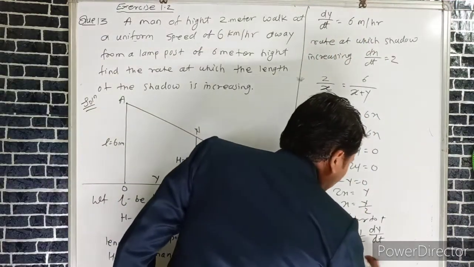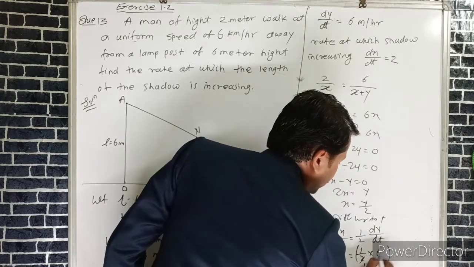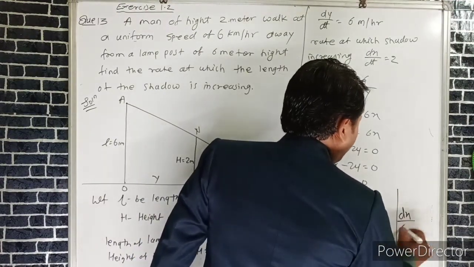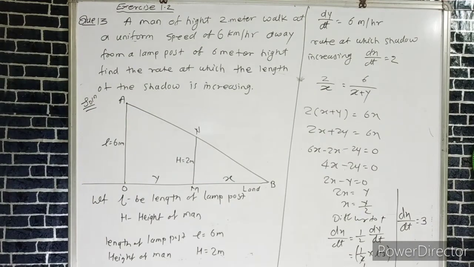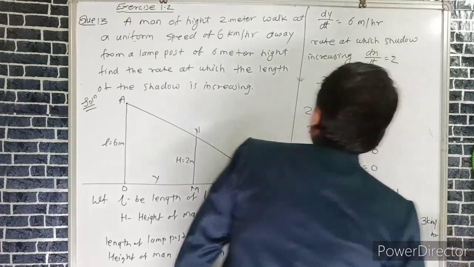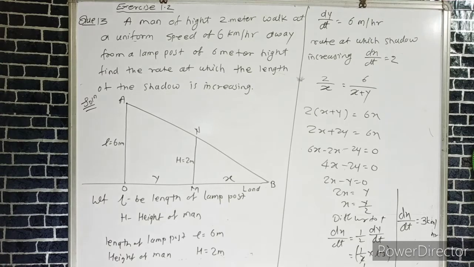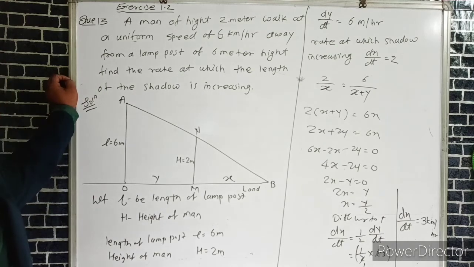We can write 1 by 2 into 6 meter per hour. Hence 2 ones are 2, and 6 by 2 is 3. The value of dx by dt is equal to 3 kilometer per hour, which is the rate of change of the shadow with respect to time t, 3 kilometer per hour.